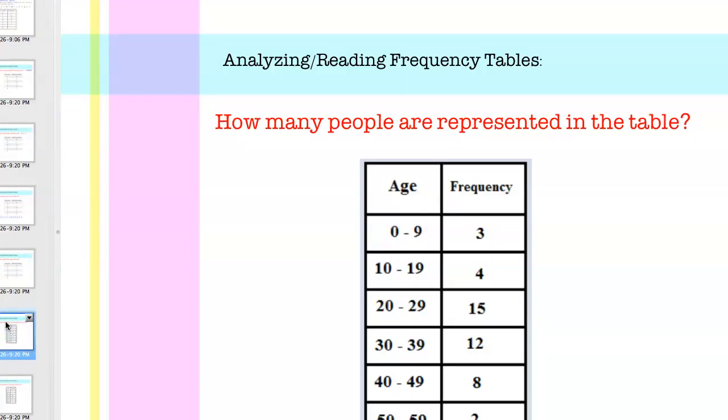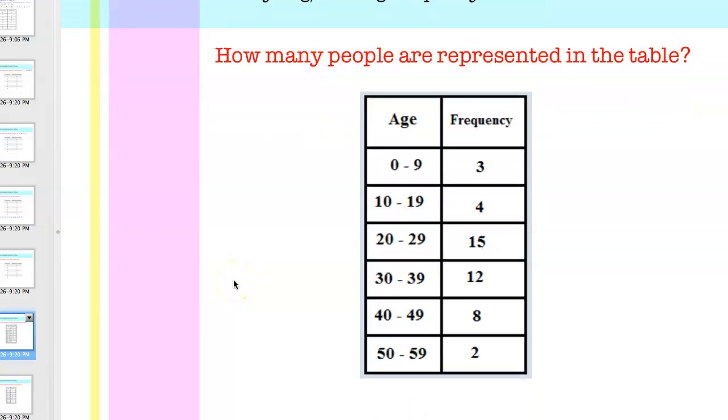How many people are represented in the table? So to find this, we then have to add up the frequency. So there are 3 people ages 0 to 9, 4 people ages 10 to 19, 15 from 20 to 29, 12 from 30 to 39, 8 from 40 to 49, and 2 between 50 and 59.